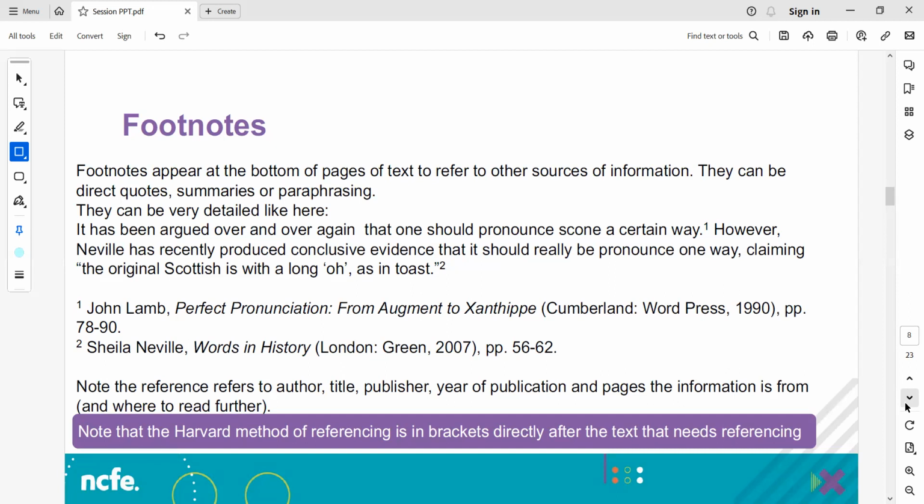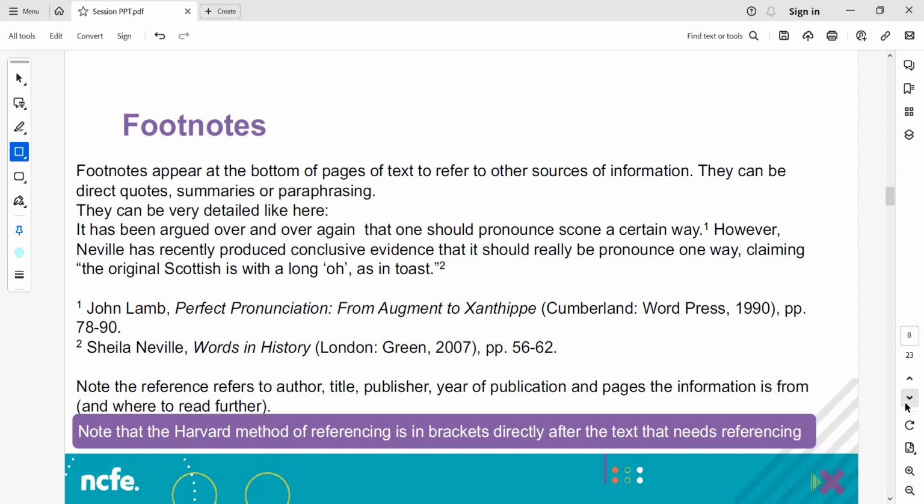However, Neville has recently produced conclusive evidence that it should really be pronounced one way, claiming the original Scottish is with a long O, as in toast. And then we see the little 2, and we can look down and find Neville's text that the writer is referring to.